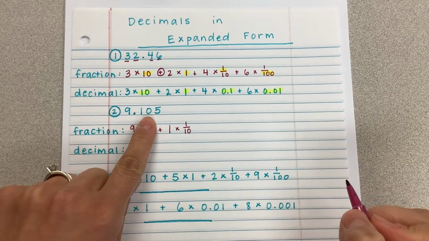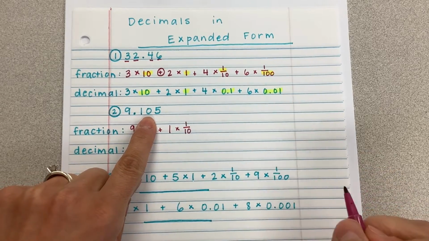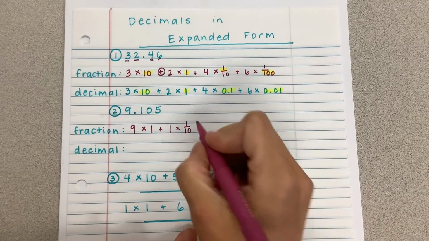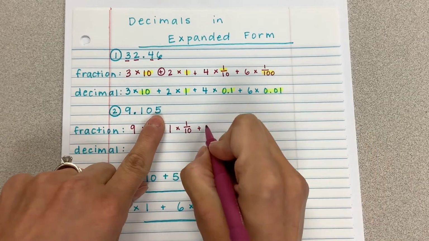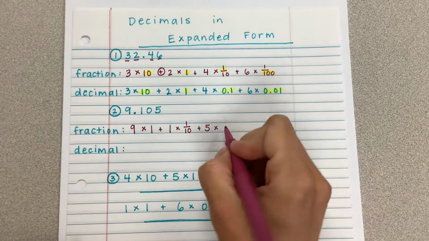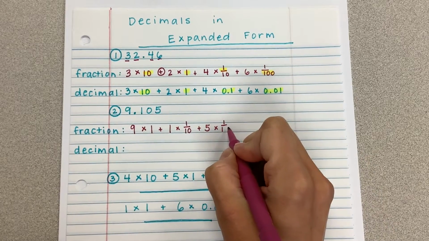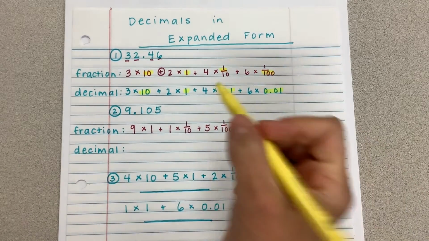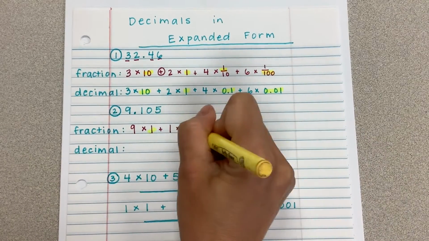And then I don't have anything in my hundredths place, so I don't need to worry about that. So then the next digit we're going to be adding is our 5. So we're going to take our 5 and we're going to multiply it by its place value, which is in the thousandths place value. So then we're finished. I'm just going to go ahead and highlight each of our place values.